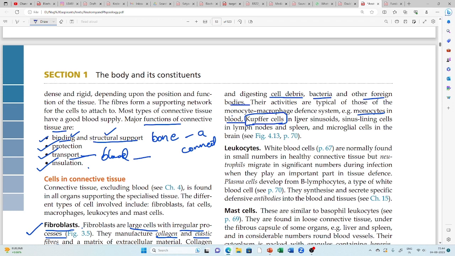Kupffer cells are in liver sinusoids, sinus lining cells in the lymph nodes and spleen, and microglial cells in the brain. In all these areas macrophages have the same defense function: attaching, engulfing and digesting any cell debris, bacteria and other foreign bodies, which are destroyed by these macrophages.